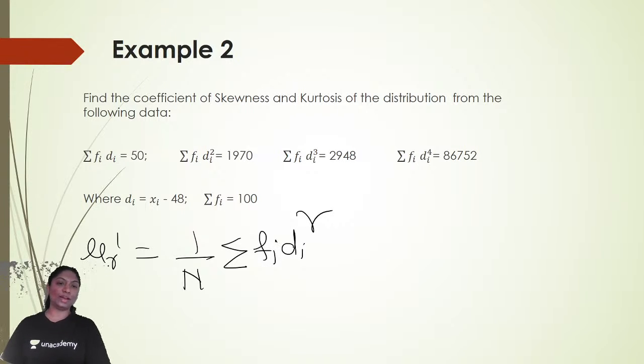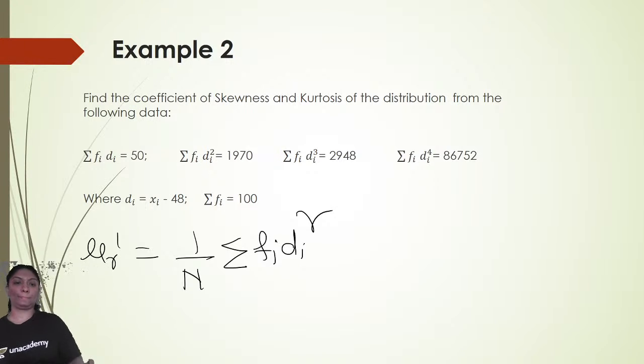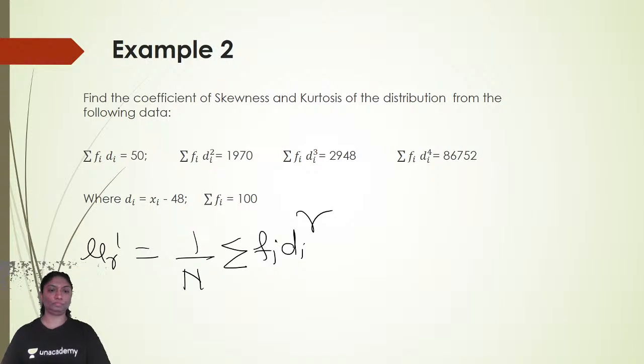So to get the first moment, we will use this here. You put r is equal to 1 to 3. So put r is equal to 1. So you will get mu1 dash.